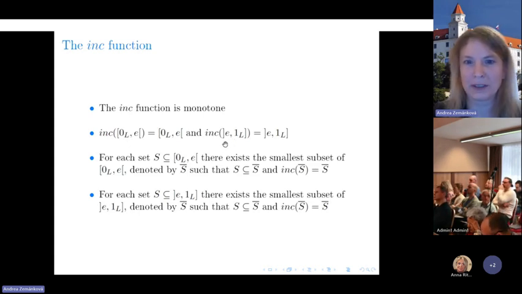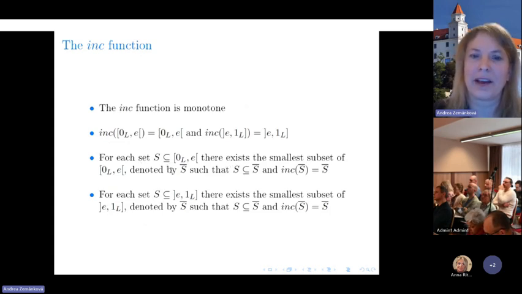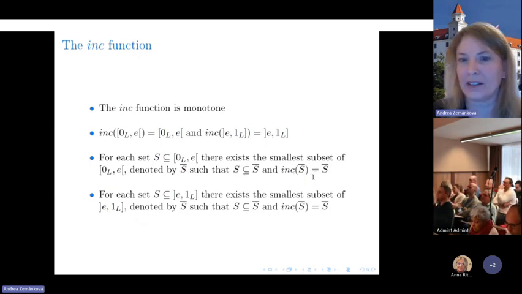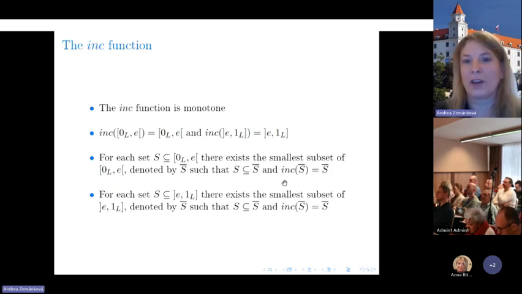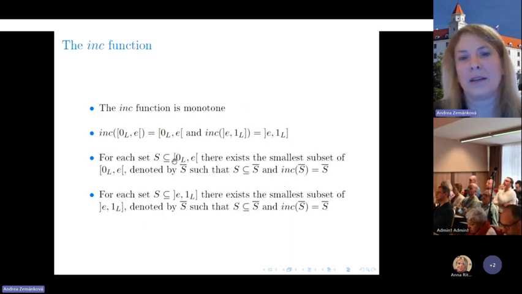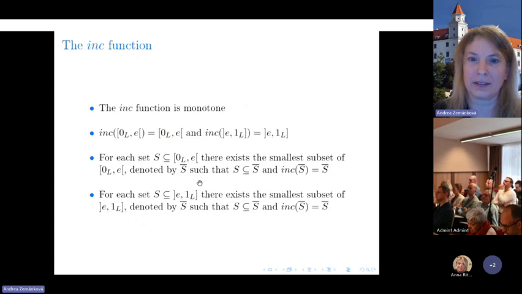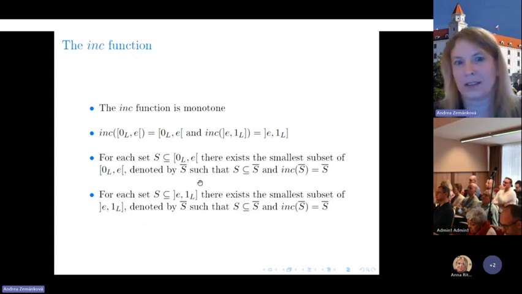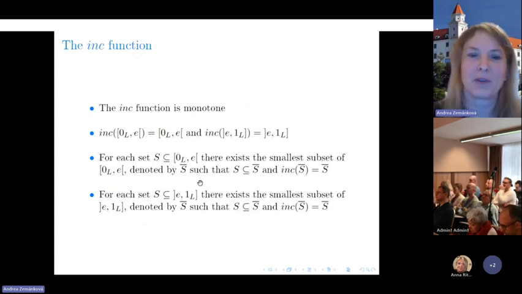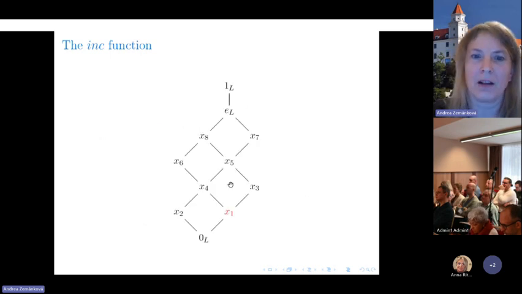And what is important, for each subset S, there exists a subset S-overline, which contains S, and it is invariant with respect to the inc function. So in fact, what we do, we take a set, and then we add all tangled points, and we repeat this until we reach this set S-overline. On infinite lattices, it is a bit more complicated, but we will not go into details.